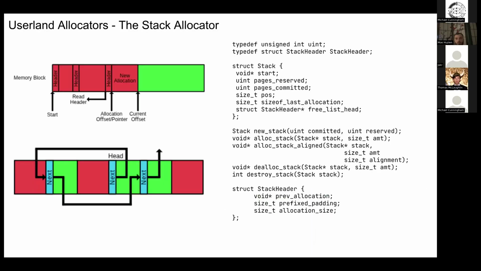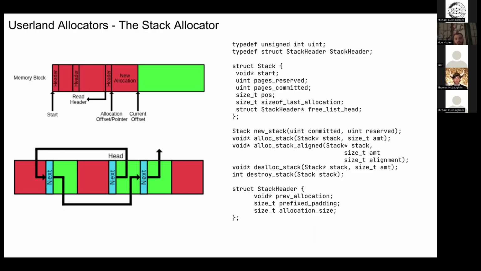And so we can make some slight modifications and start adding that functionality in. If we prefix each of these allocations in our arena with a little header, which describes the allocation and has a pointer to the next allocation and the previous allocation, we can create these linked lists of allocations.